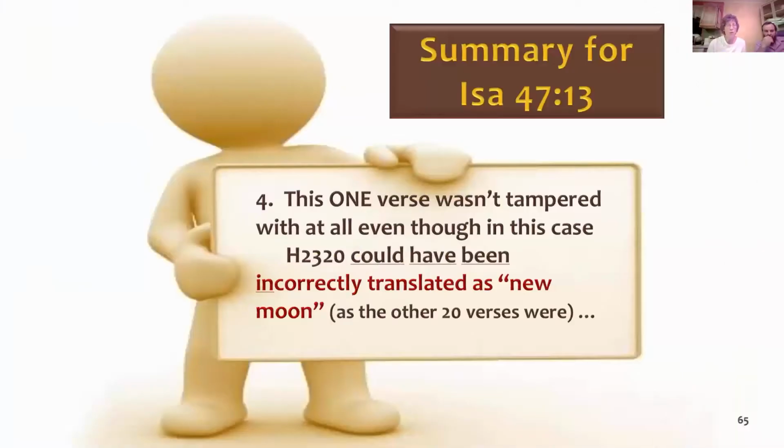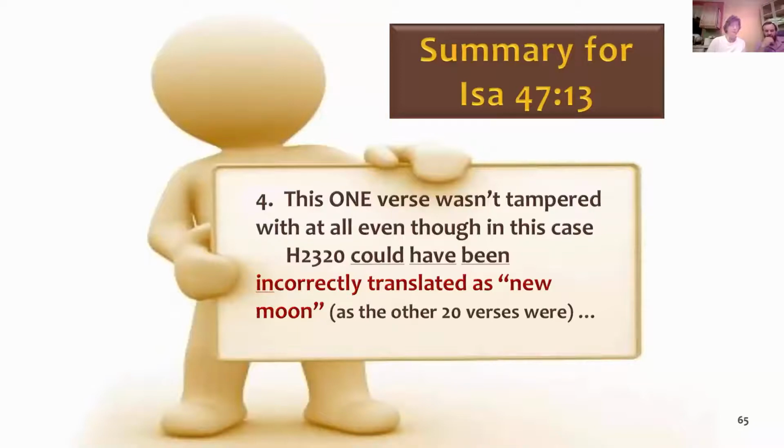So we'll continue on with our summary for Isaiah 47:13. This one verse was not tampered with at all, even though in this case of Kodesh 23:20, the translators could have actually incorrectly translated it as new moon, just like they did with the other 20 verses. They could have actually done that, but they didn't.